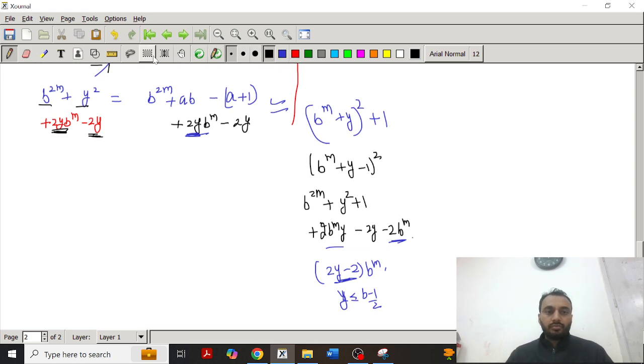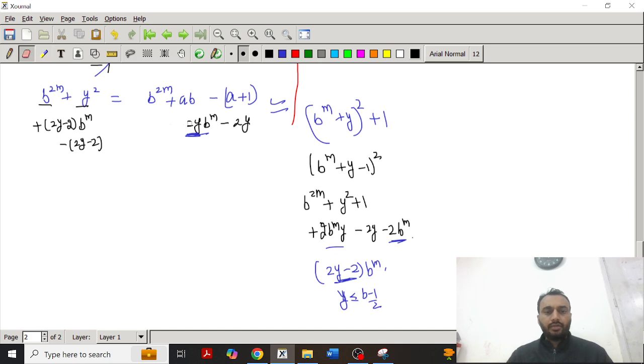So what we do, we do a modification in our step. What we are trying to add now is 2y minus 2 times b power m. So if we are adding it, we have to subtract the coefficient also.